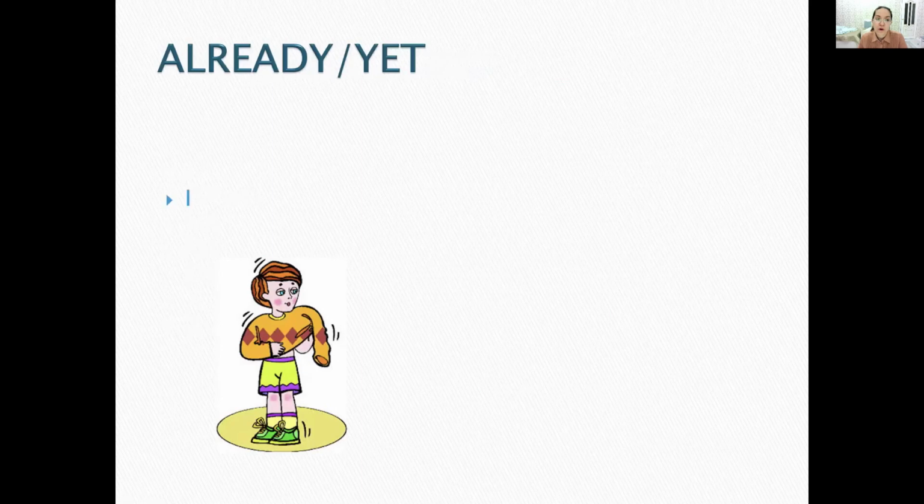The usage of already and yet. For example, I have already got dressed. So here is a boy and he has already got dressed. Already we write between the auxiliary verb and the main verb. In this case it is got dressed because we have to use the past participle in the present perfect.